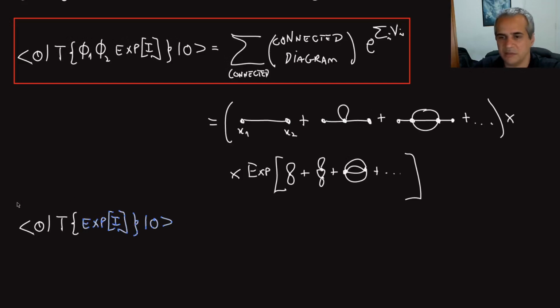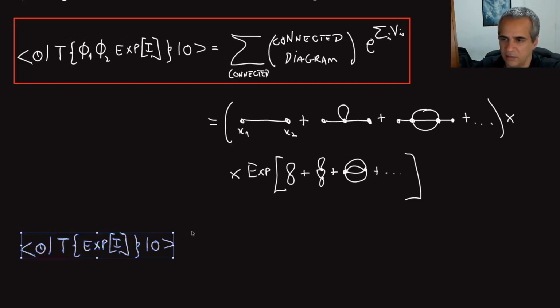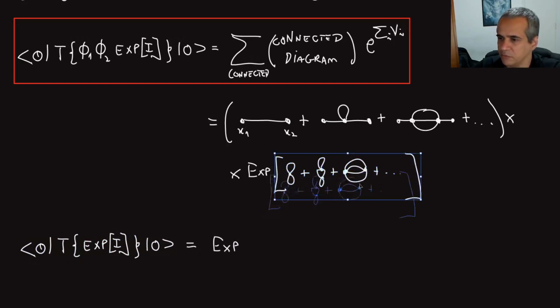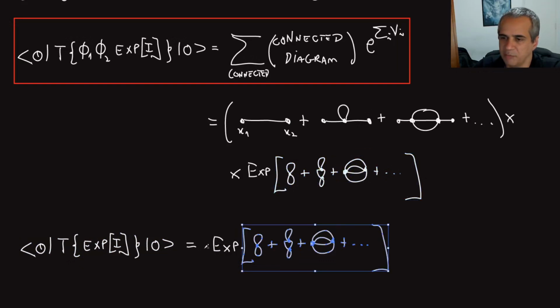This will be just the exponential of these bubbles times the number 1, just 0, 0, because the contractions will all be internal.